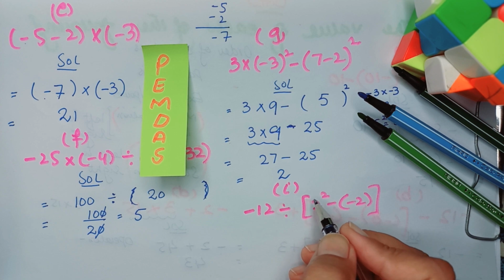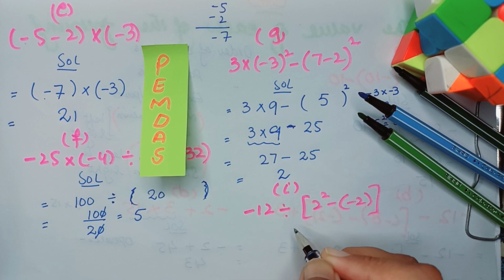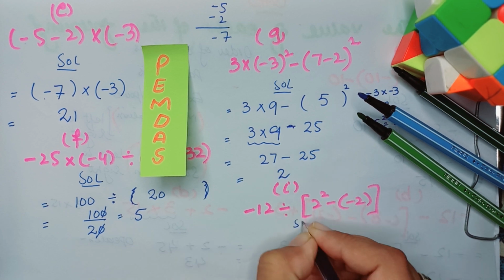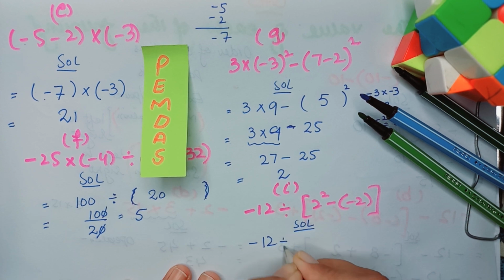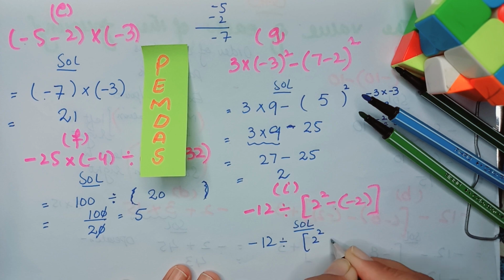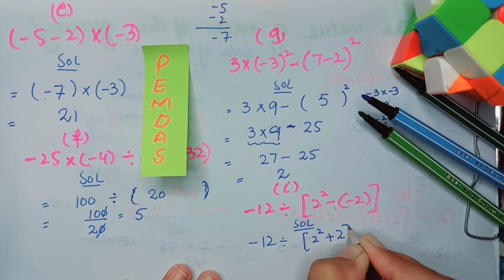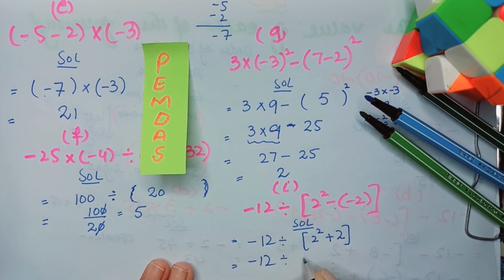Dear students, H part is very much similar. So we are doing I part, and in I part, first we have to solve the parenthesis. Minus minus would be plus. Now in parentheses we have the power 2.